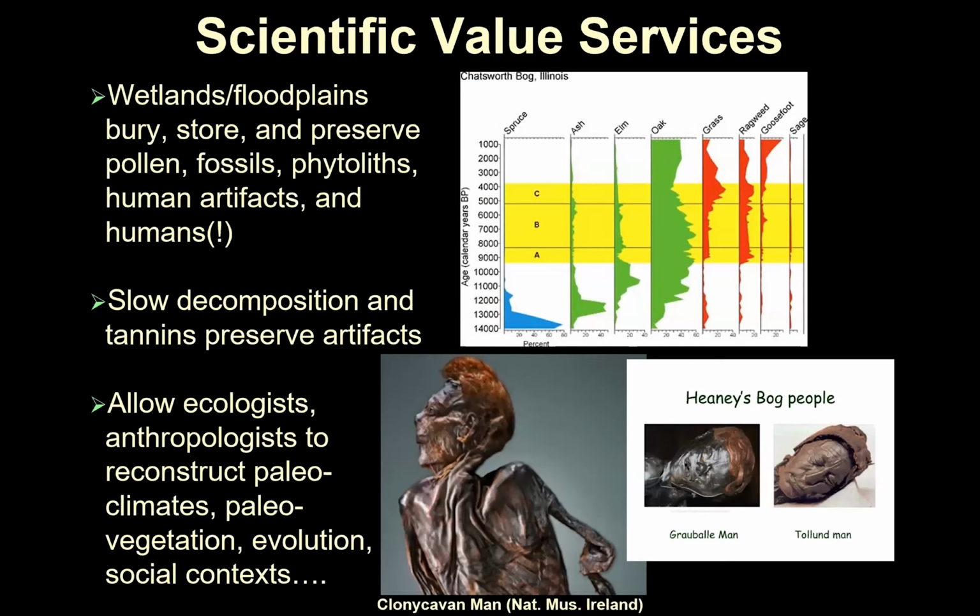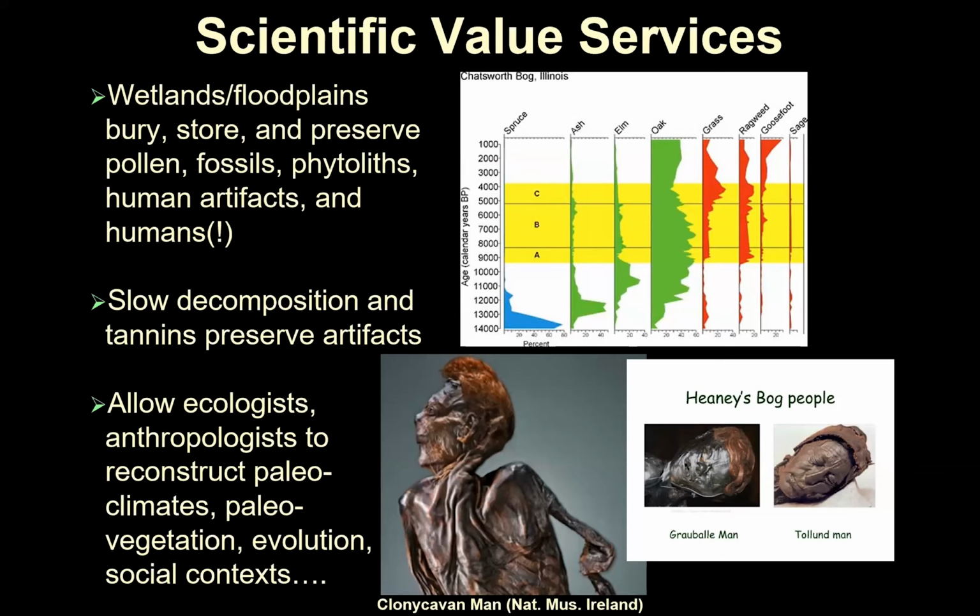Then there are these really interesting cultural and archaeological services that wetlands provide. The wetlands and floodplains bury, store, and preserve pollen, fossils, phytoliths, human artifacts, and even humans. You have probably seen things like Tollund Man and Clonycavan Man, human bodies that have been preserved in peat bogs and such in Europe.